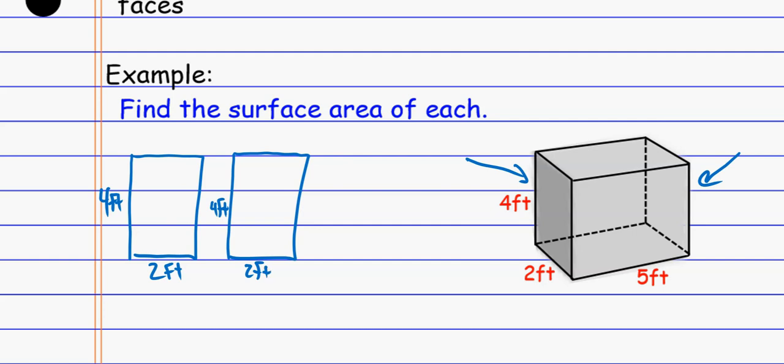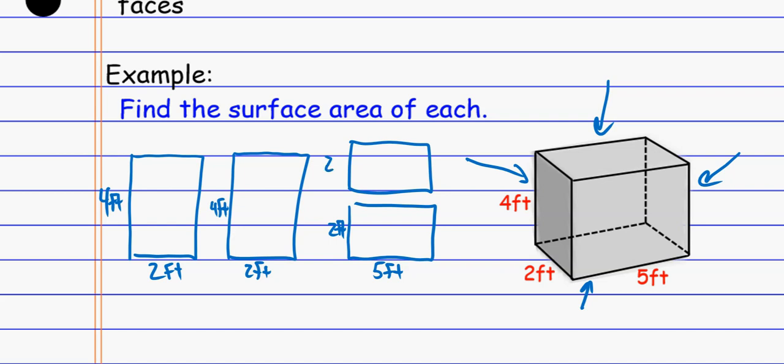And then, of course, I want to draw maybe the bottom of this thing. So if I were to draw the bottom rectangle, that's 2 feet by 5 feet. And then, of course, the top of this thing would also be a rectangle that's 2 feet by 5 feet.